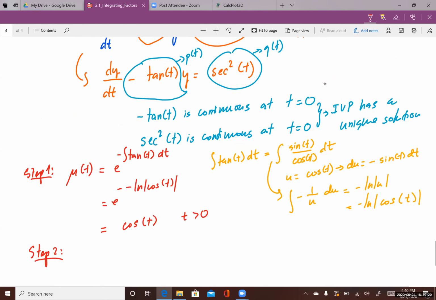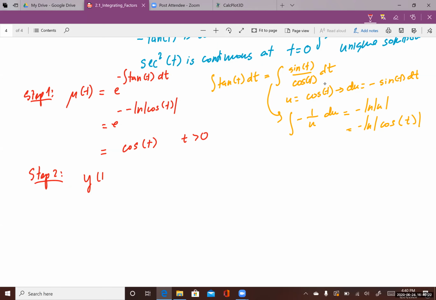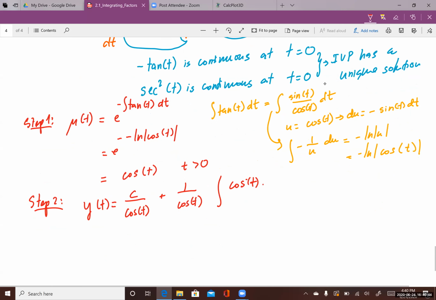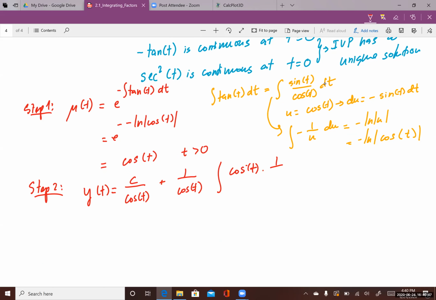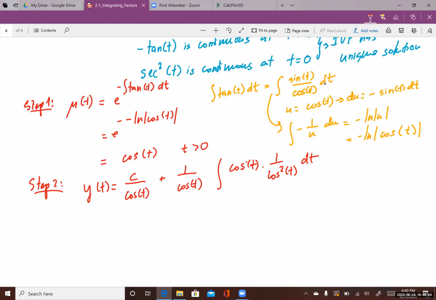So y of t equals c over mu of t, which is cosine of t, plus 1 over cosine of t times the integral of cosine of t times secant squared of t dt. Secant squared is 1 over cosine of t squared. Well, the next question is, can you find this integral?